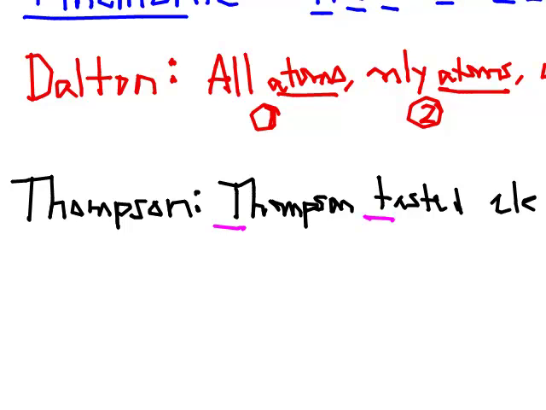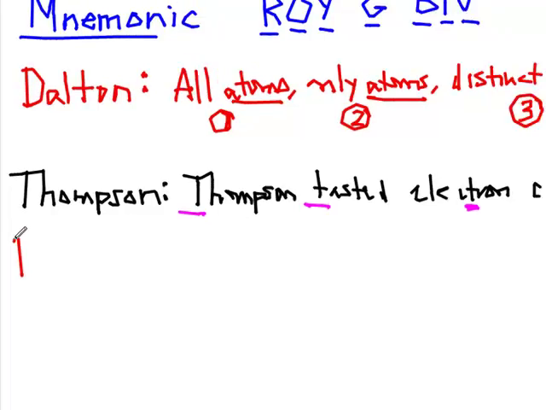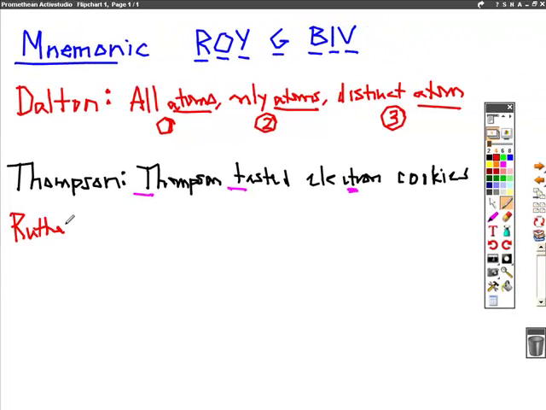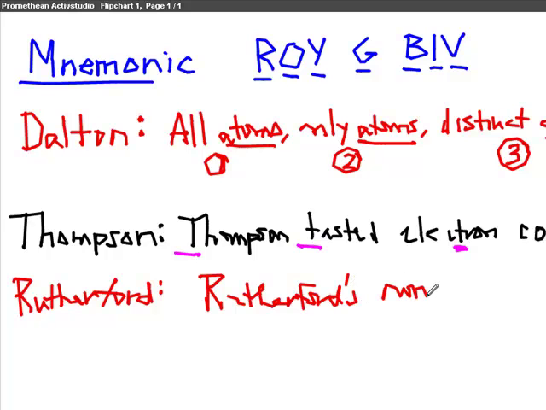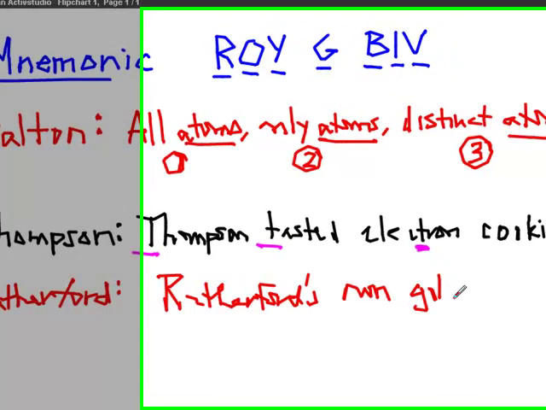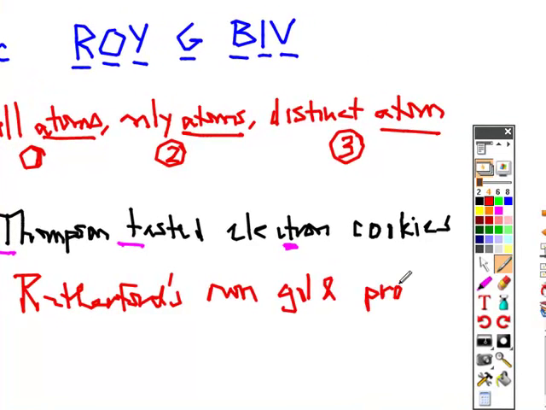The next one is Rutherford. Rutherford's mnemonic is Rutherford's own gold protons.